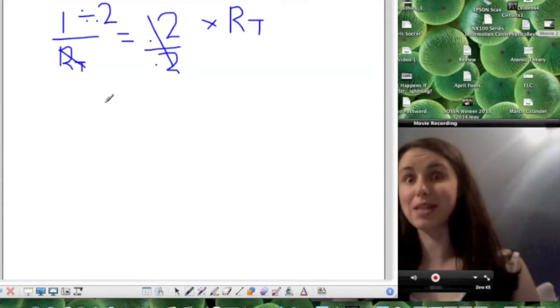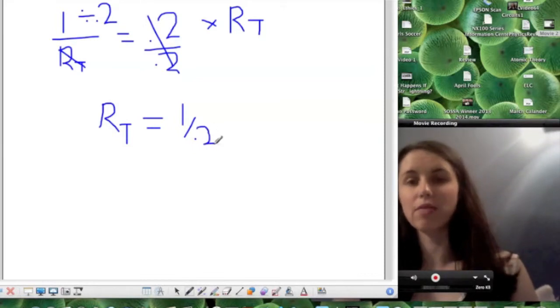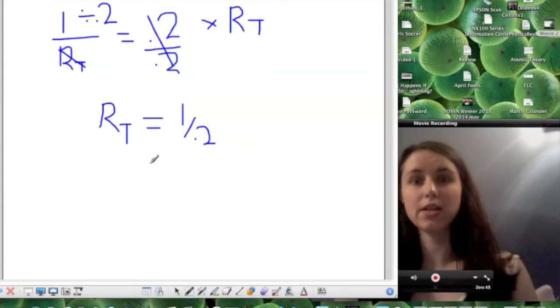That looks really messy, so let's rewrite this, right? So we have RT, resistance total, is equal to 1 divided by 0.2. Can I solve for that? Yeah, I only have one variable, right, RT. Then I have two numbers, can plug that into my calculator easy, right?